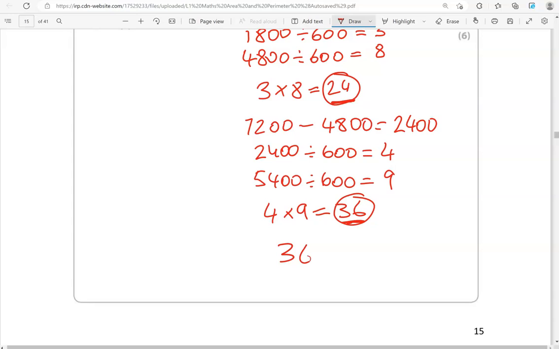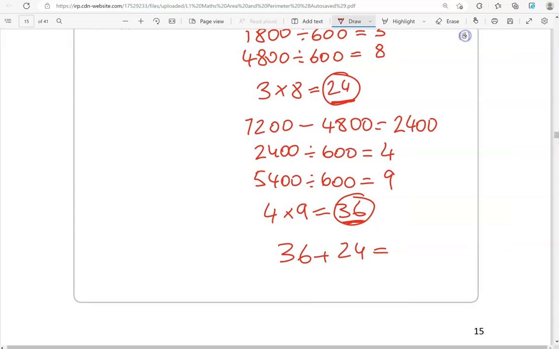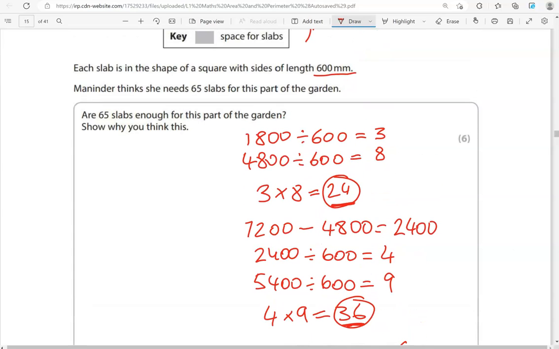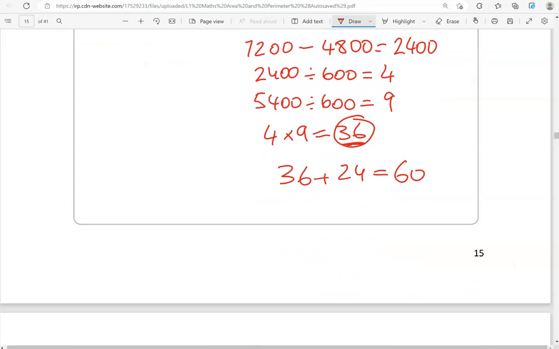So 36 plus 24 gives us 60 slabs. And the question was, are 65 slabs enough for this part of the garden? And I'm going to say yes, only 60 are needed.